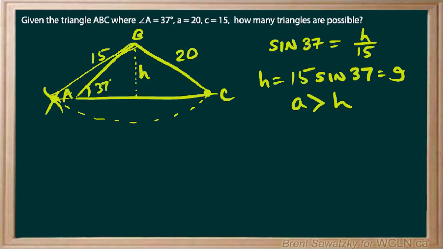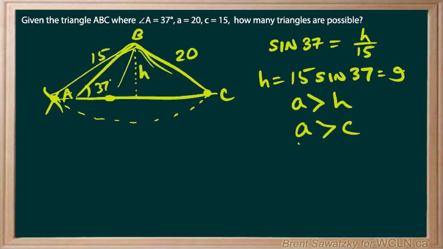So how would we know that? Well, we can recognize that in this case, side A is also bigger than side C. So remember that if side A is bigger than H but smaller than C, then we can bring it inside here and we can do the two angles there.